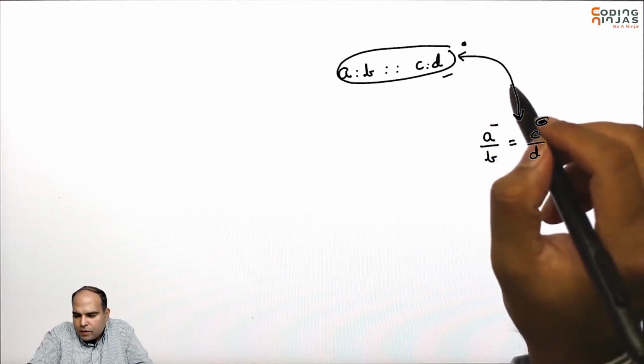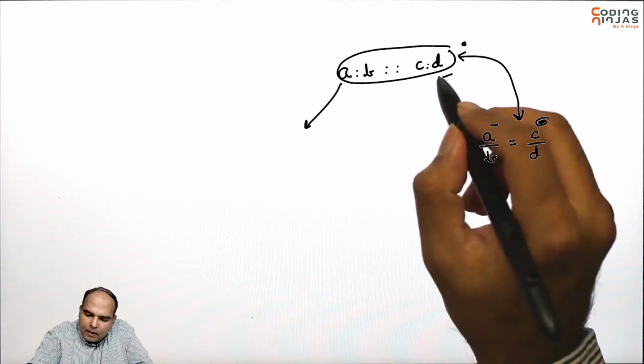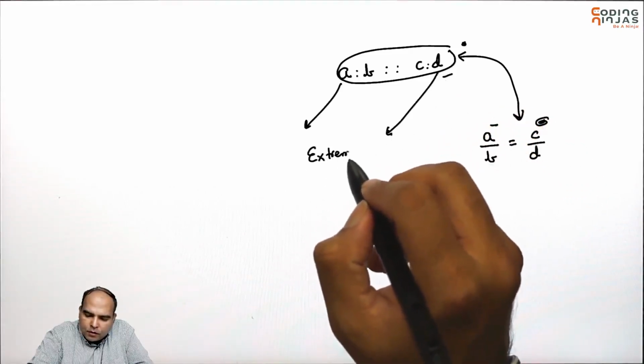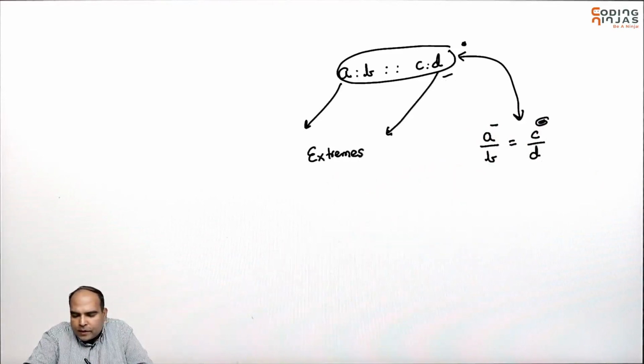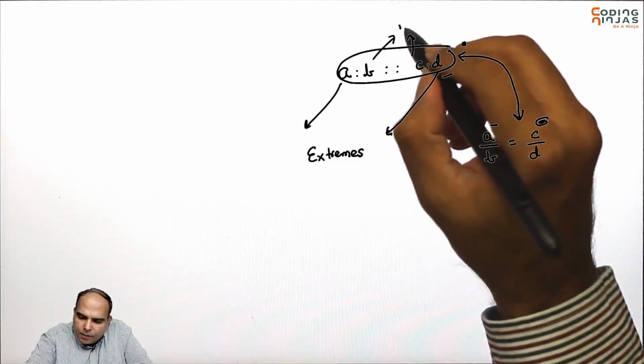And once you have A is to B :: C is to D, in this proportion, A and D are referred to as the extreme proportionals, or simply the extremes, and B and C are referred to as the means.